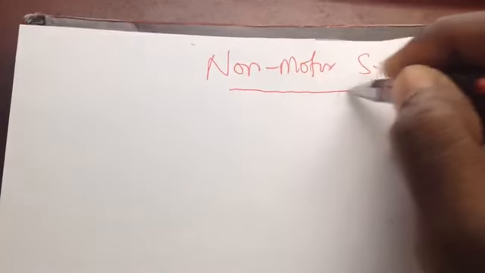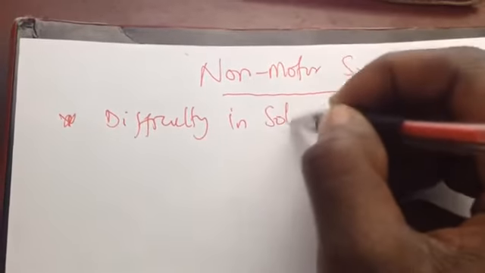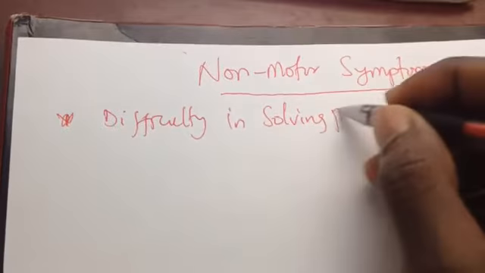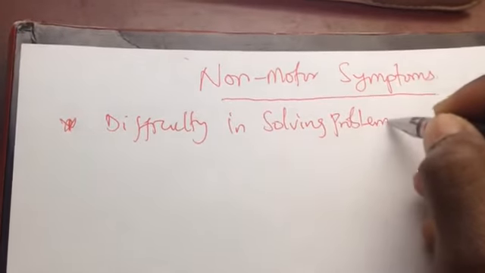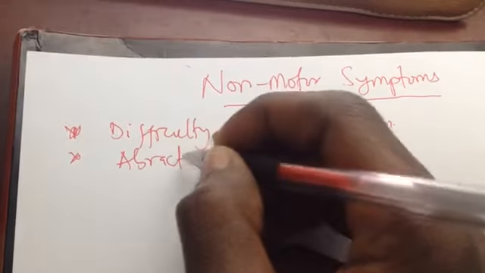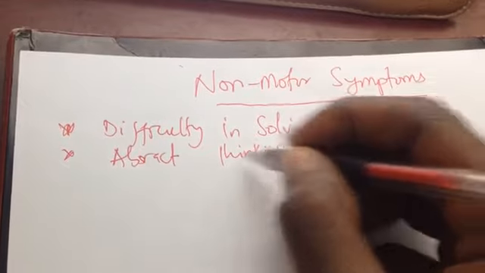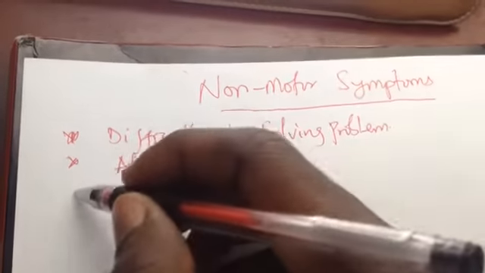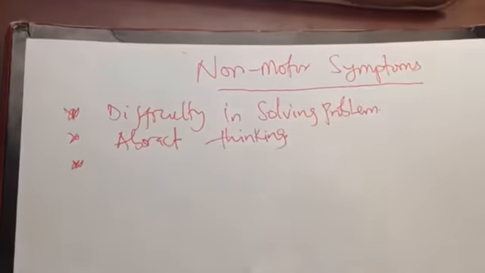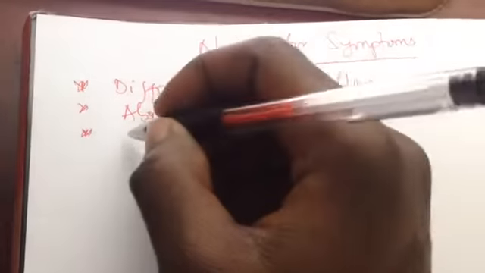In the non-motor symptoms, the patient may have difficulty in solving problems, and also difficulty with abstract thinking. Then the patient will have a kind of dementia.